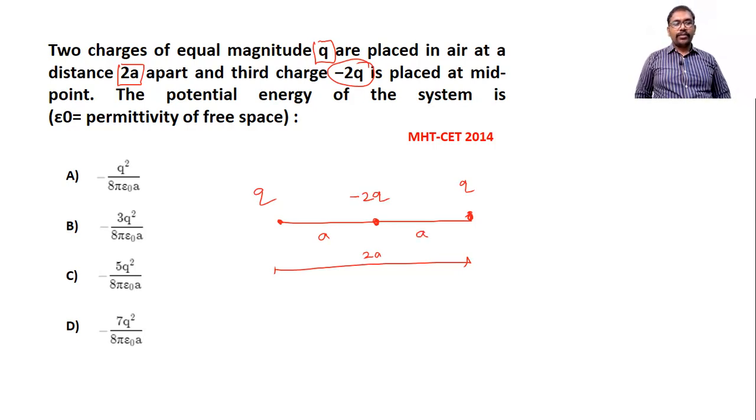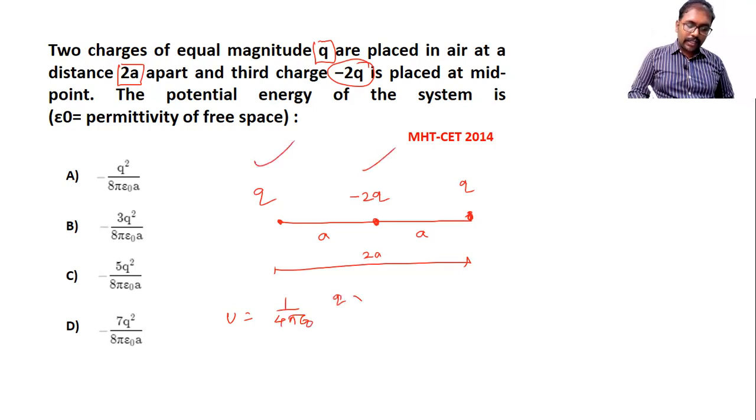Then the potential energy of the system. Now the potential energy of the system I can write as 1 upon 4 pi epsilon 0, first charge q into second charge minus 2q divided by the distance between these two, which is a, plus 1 upon 4 pi epsilon 0, then the first charge and third charge.